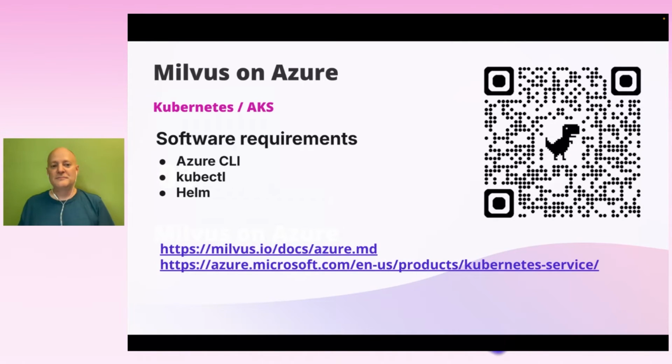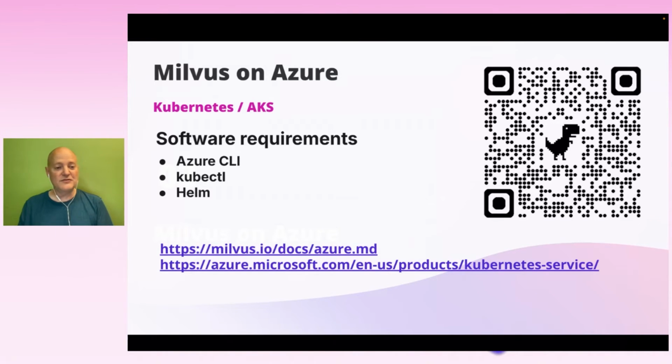All right, now it makes sense to deploy Milvus on Azure. And if you are someone who runs an enterprise environment, you're probably running Kubernetes already, and AKS is probably the best way to do that. So fortunately, Milvus uses all the standard stuff to run on Kubernetes.